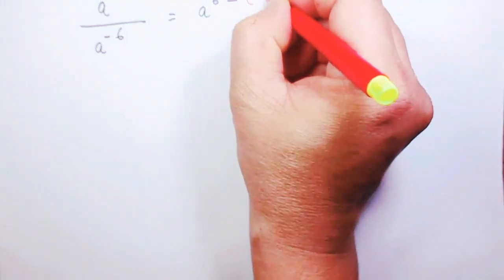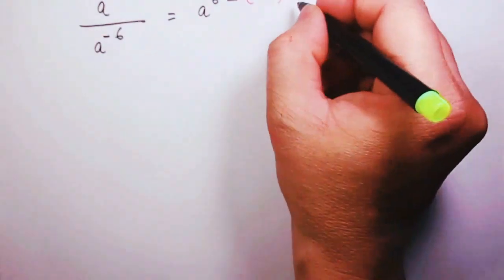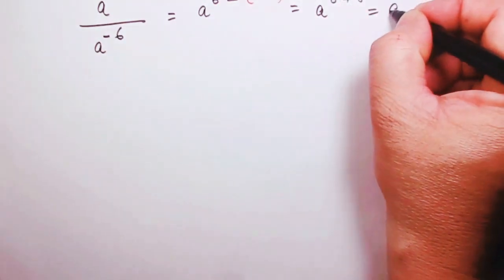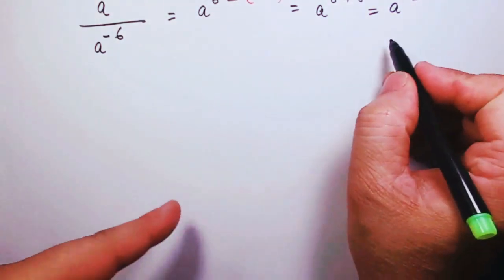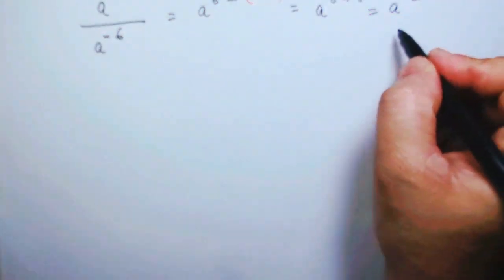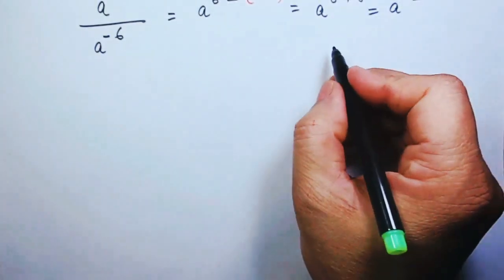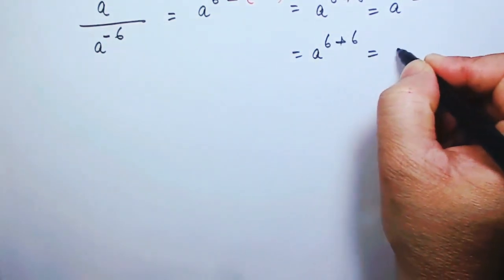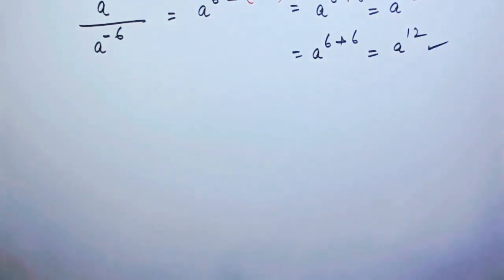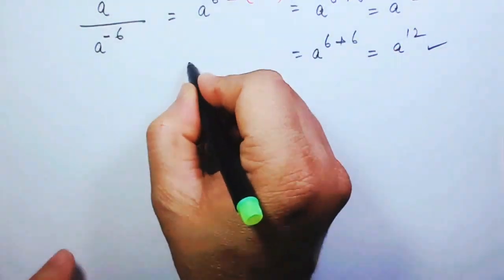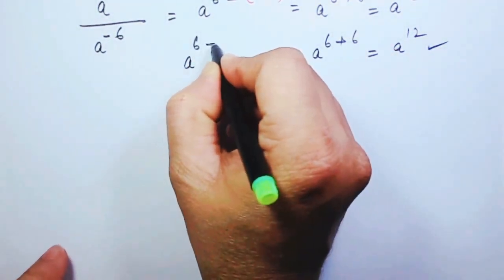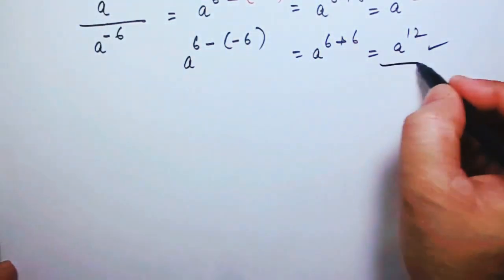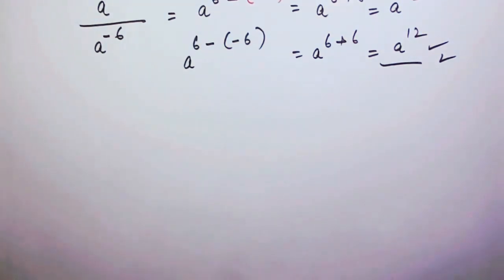So 6 plus 6 gives a to the power 12. So here actually the problem occurs. Once again, in case you are not able to see it clearly, a to the power 6 plus 6 will give you a to the power 12, which is your correct answer.